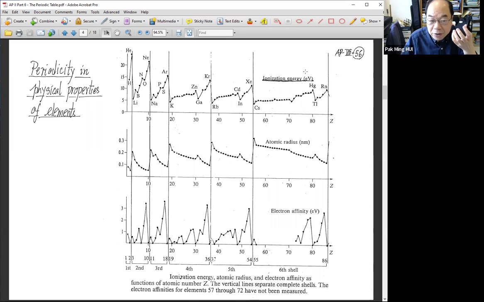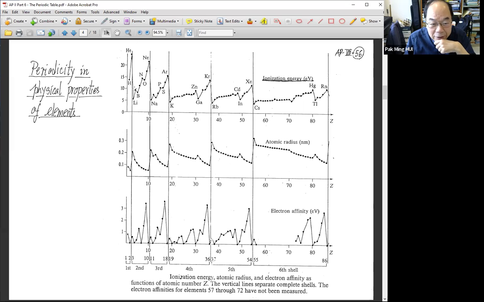That is to say, you take a neutral atom. How much energy do you need to take one electron out, free one electron, and that becomes a +1 ion. That is the first ionization energy. So here is a plot of the first ionization energy in units of electron volts. That is a physicist's product.